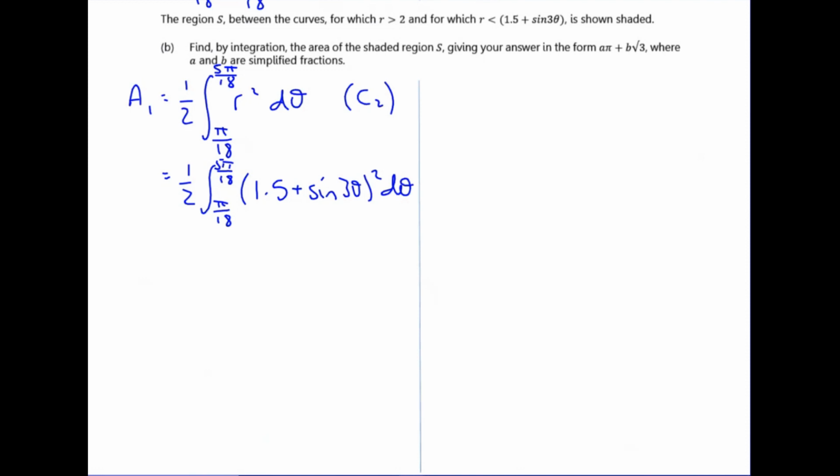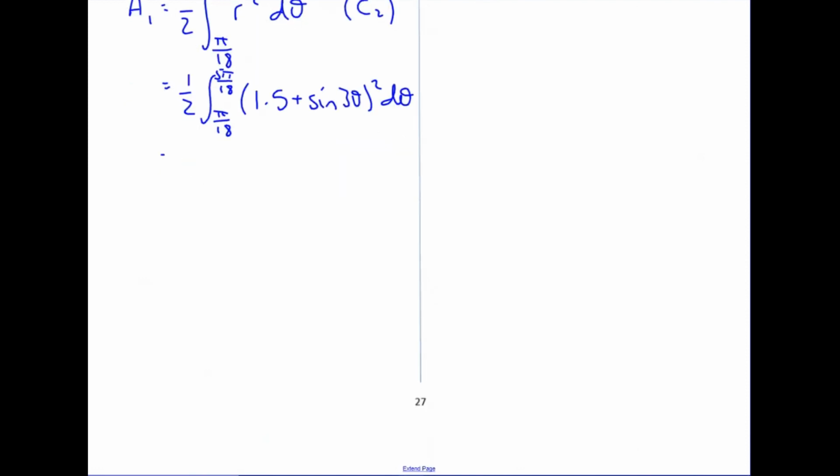Then I'm going to expand this. Expanding this out gives me 9 over 4, 2.25 for expanding that one, plus 3 sine 3 theta plus sine squared 3 theta.